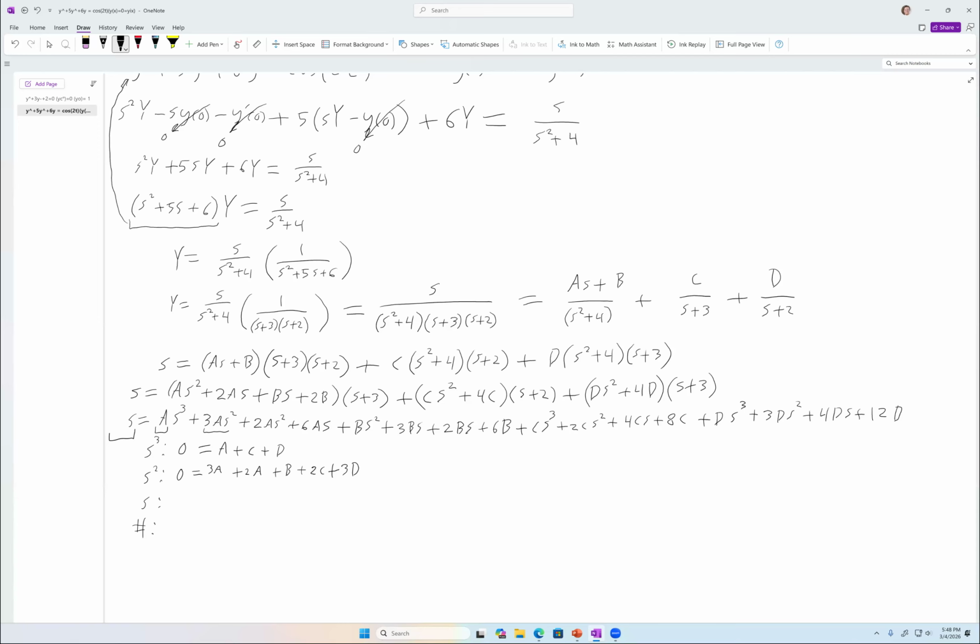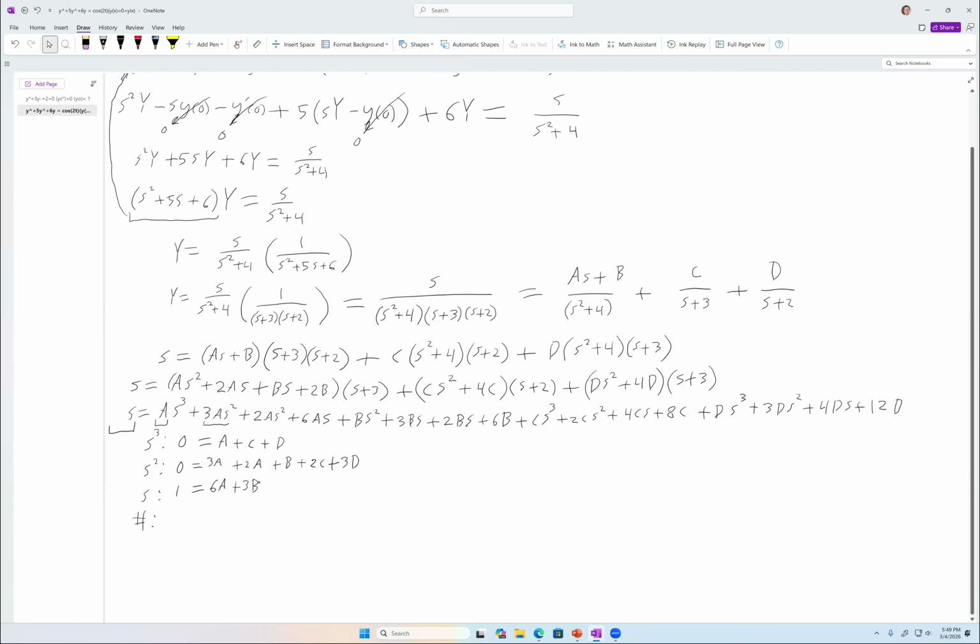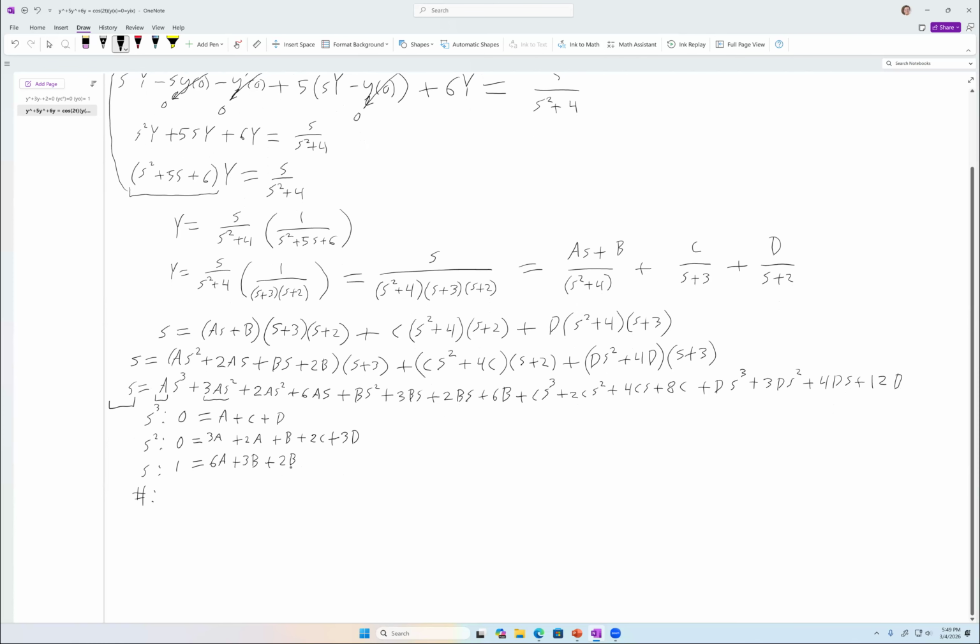Then, second to lastly, we look at how many S terms we have on the left. We have 1, so we put a 1 on that side equal to 6A plus 3B plus 2B plus 4C plus 4D.